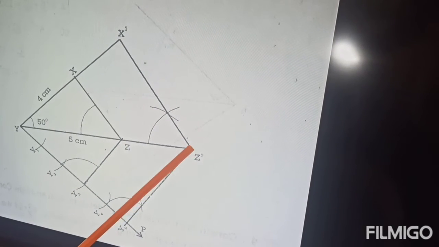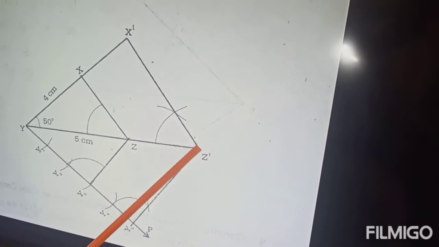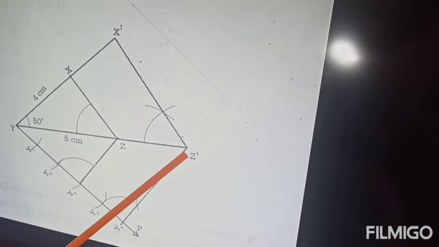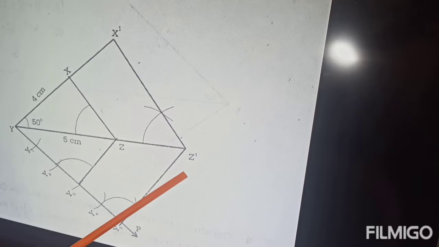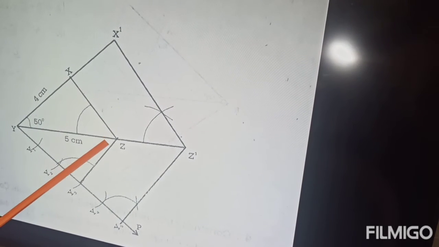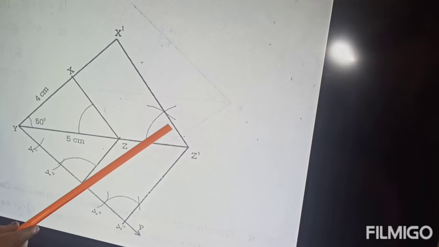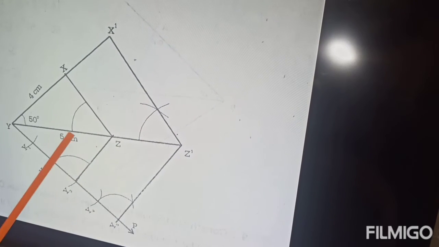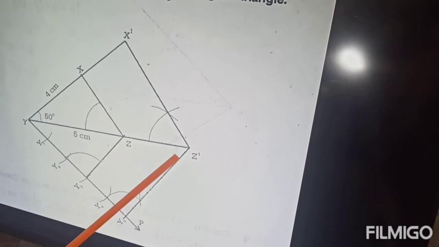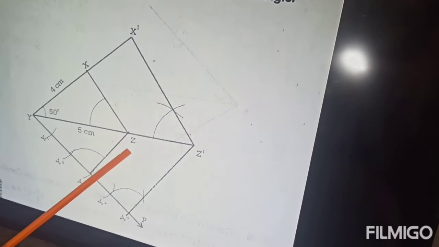Then we got YZ dash. On this point, we have to construct one more straight line parallel to XZ. By taking this angle here, mark any one arc and take this measurement, cut on this, we'll get a line parallel to XZ.